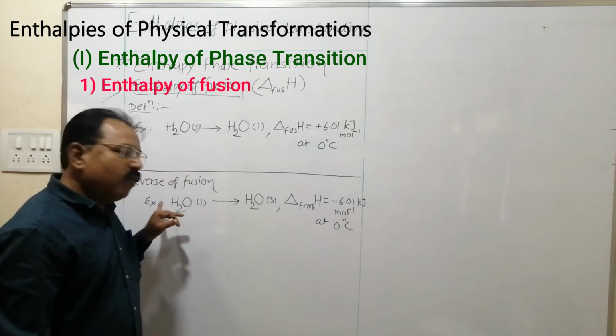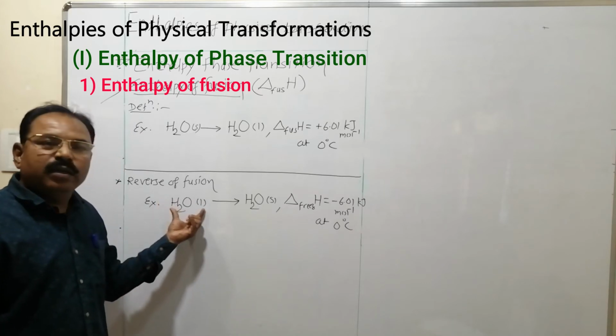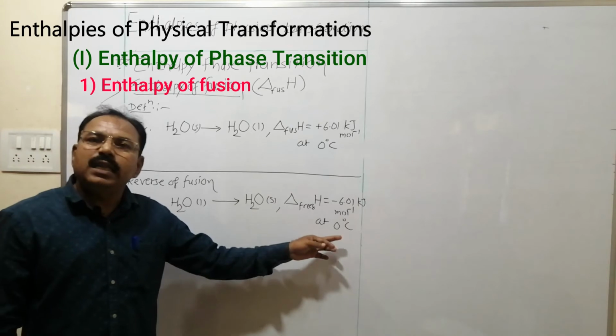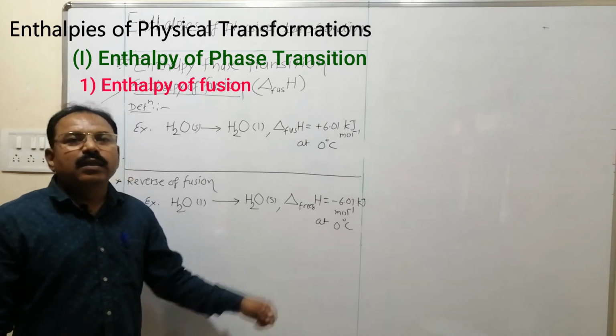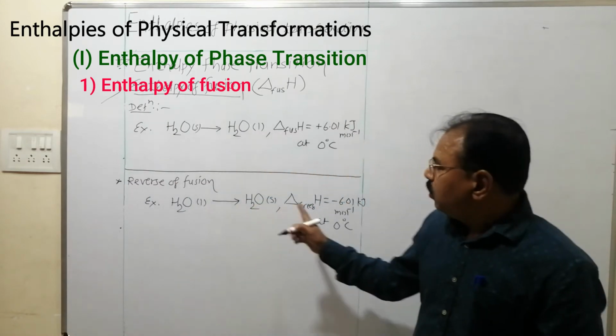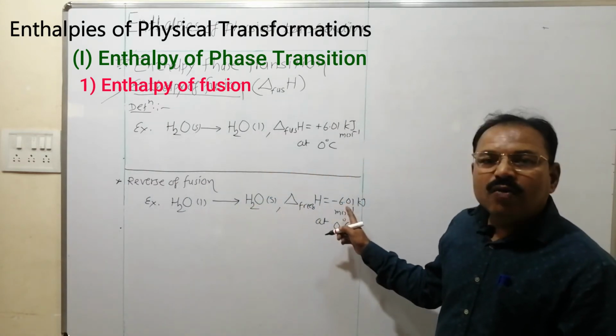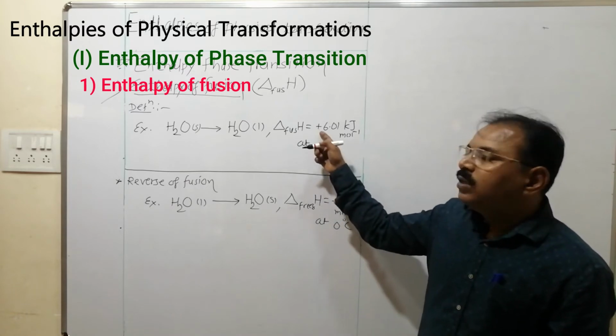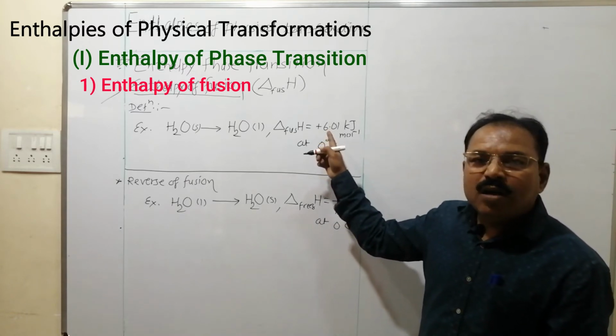Hence, when 1 mole of liquid water freezes at 0 degrees Celsius, 6.01 kilojoule heat is evolved. That is, the negative symbol stands for heat evolved, and the positive symbol means heat is absorbed.